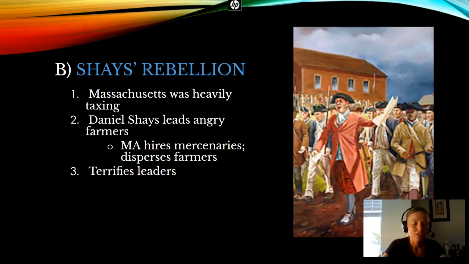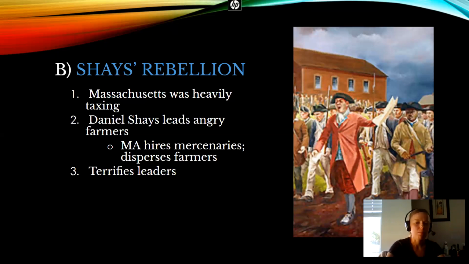And meanwhile, these debtors, they are owing money to like European banks and whatnot, who are demanding specie money. This kind of sounds familiar, right? Remember the Currency Act way back in the 1760s? That's what's going on.